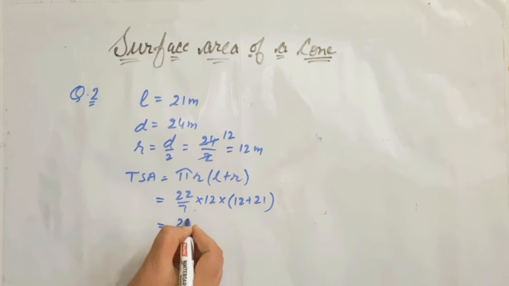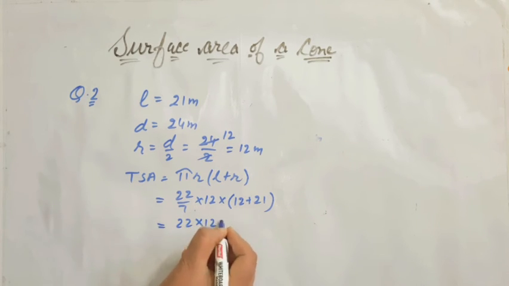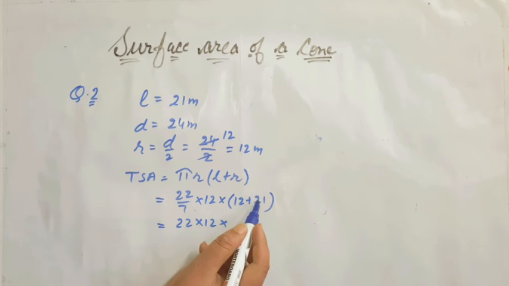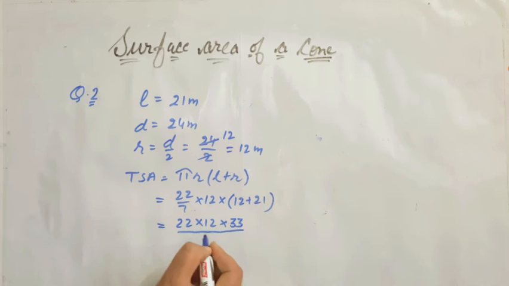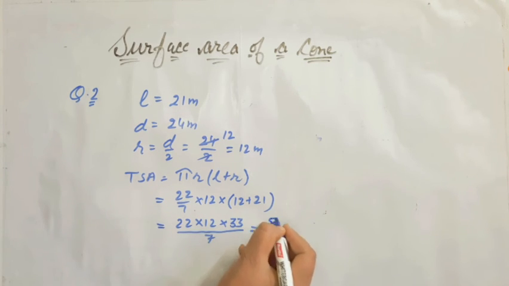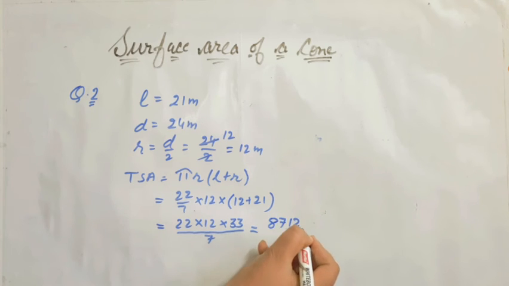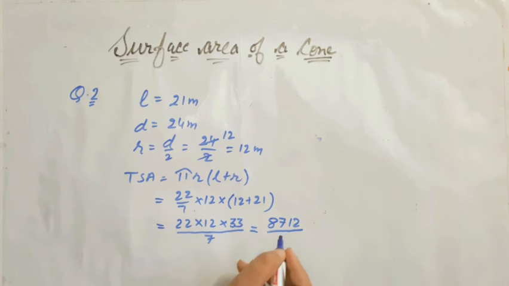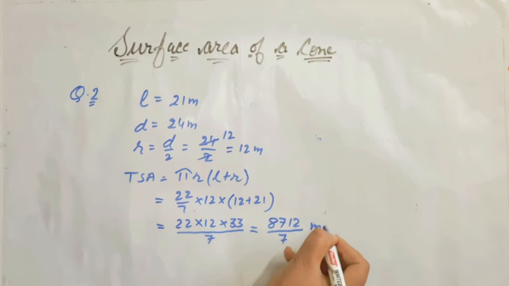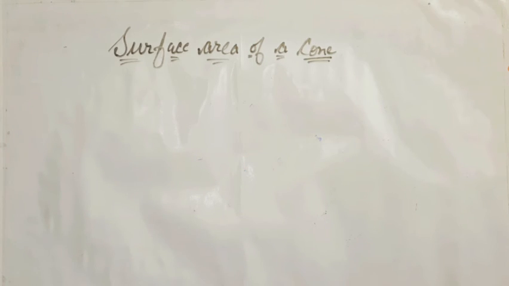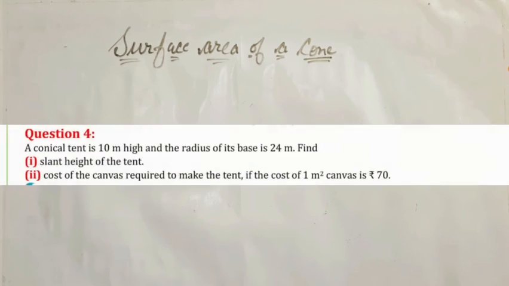This will be 22 multiplied by 12 multiplied by 33 upon 7, and after multiplying you will get 8712 upon 7 meter square.